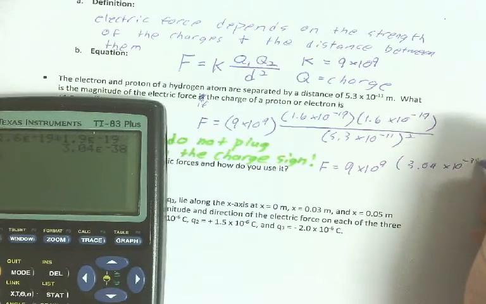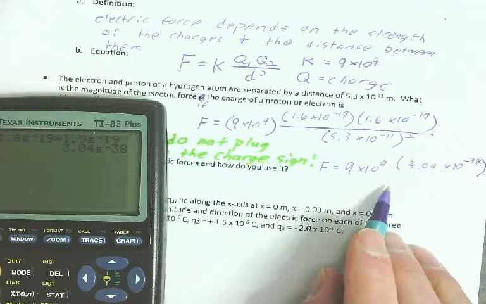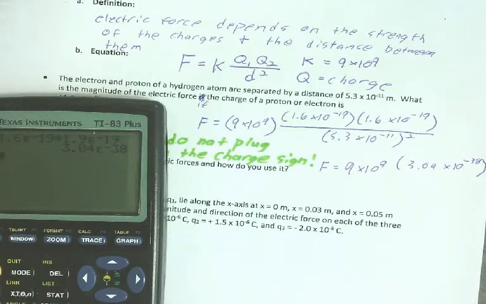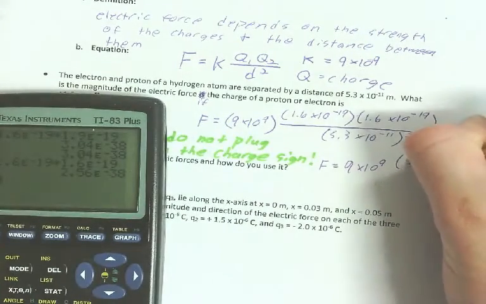Yeah. Did you write 1.9? Yeah, I did. Thank you. 1.6. So that's 2.56. Thank you.